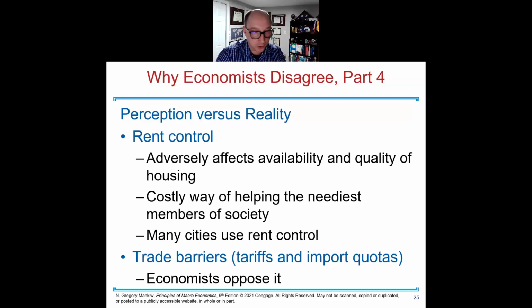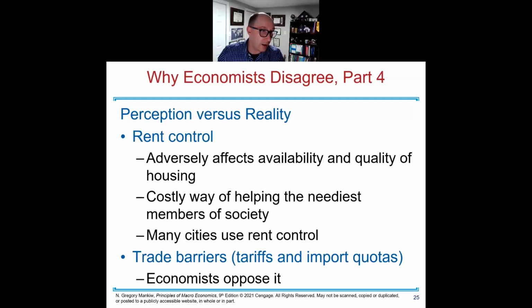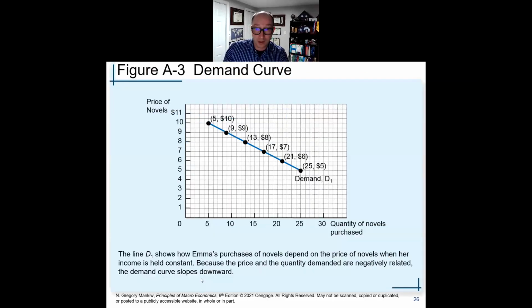Toyota, the Japanese car manufacturer, when they import cars from Japan to the United States, there's a limit on the number of cars that they can import. We call it an import quota. We also have tariffs. Tariffs are taxes on those imports. Okay, that's what trade barriers are. Some economists oppose trade barriers, and some economists are for it. And those trade barriers have effects.